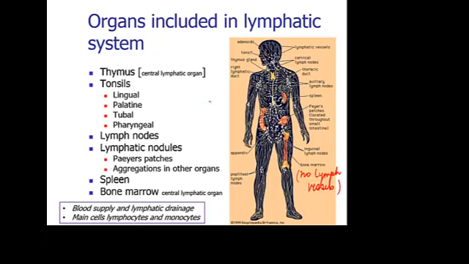Other organs in lymphatic tissue are lymph nodes. Lymph nodes are present all over the body. They drain regional areas, and we see aggregations of lymph nodes in certain areas. For example, you can see here in the axilla, there are a bunch of lymph nodes present, the axillary lymph nodes. We see them in the neck as well, up here, the cervical group of lymph nodes.